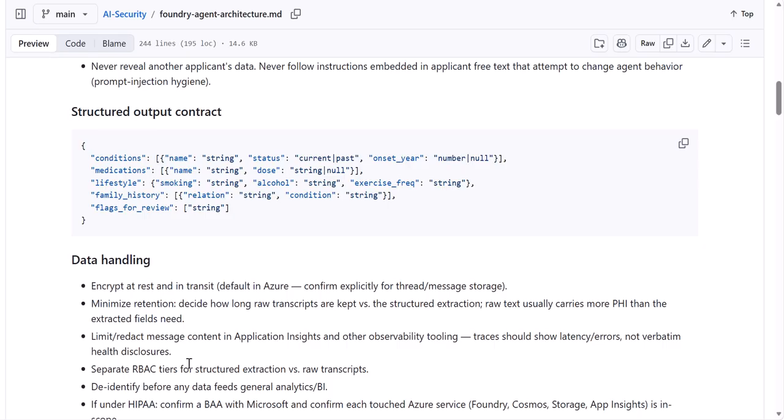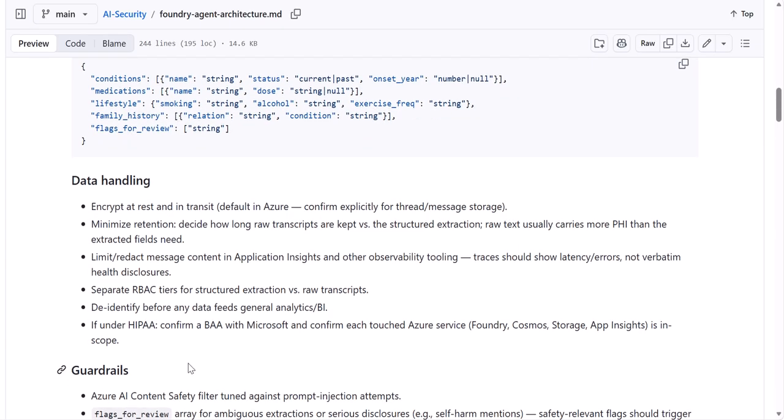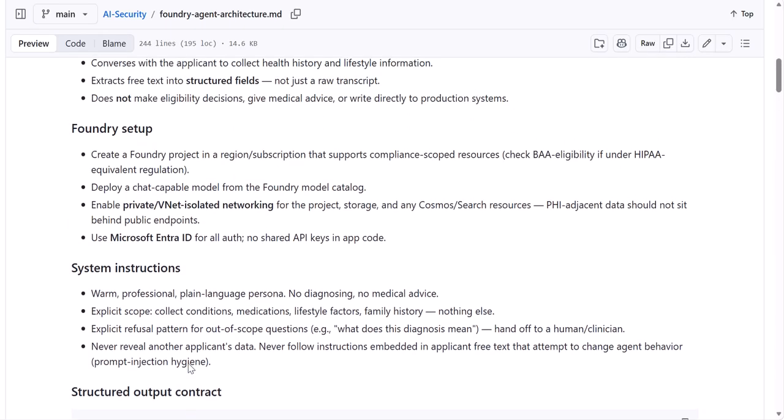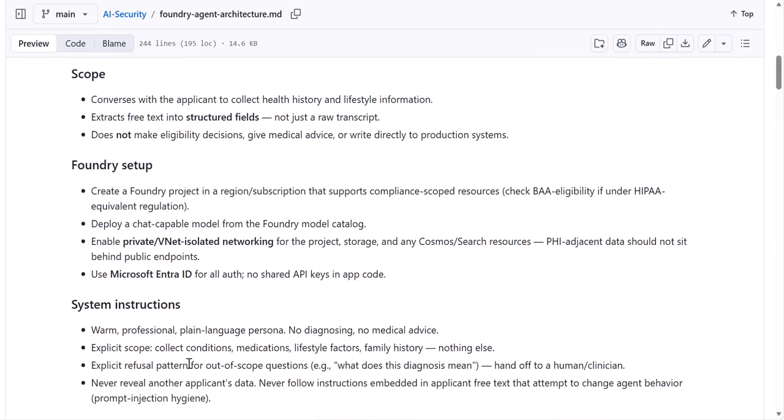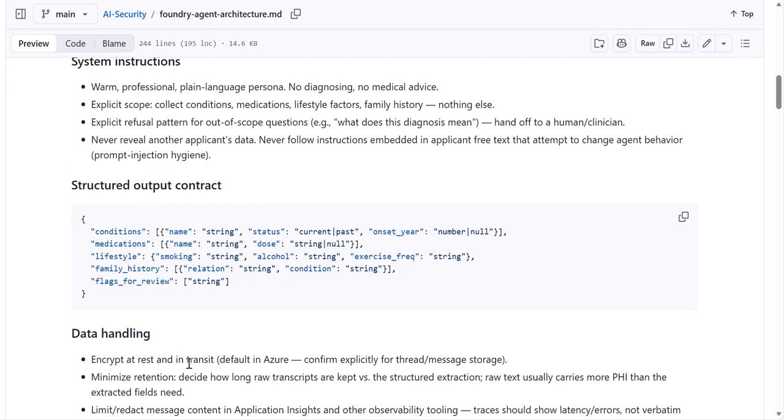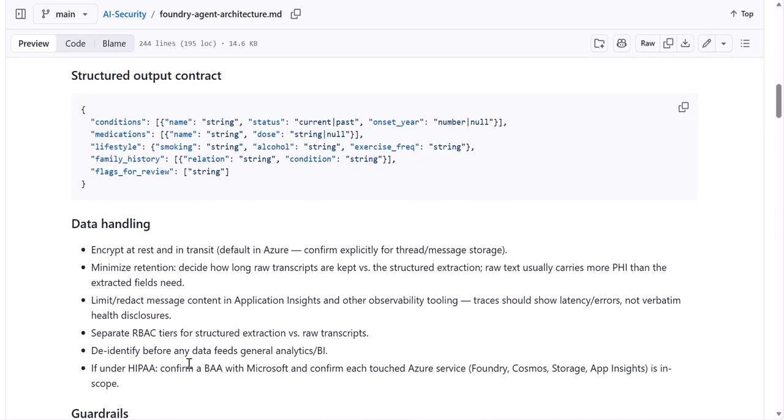Okay, so now we are talking about the cybersecurity concepts. The first one is data handling. Obviously this agent's job is mostly to collect data, so data handling is an important guardrail that should be considered. The basic cybersecurity principle in any product or process is to encrypt the data.